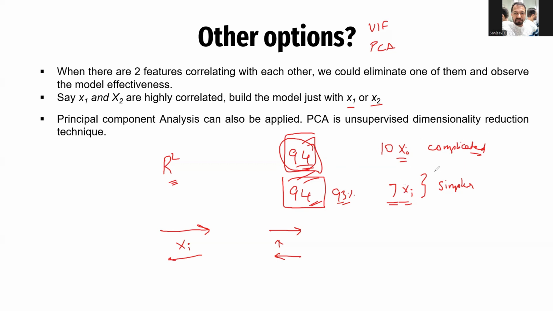A simpler model is the best model, but you should always note that the error metric should remain the same. It should not be that because I said simpler model, I'll build a model with 5 independent features and it gives me 90 R square. No, that is not good. At a constant R square, if you can come up with fewer features, then that should be our simpler model.